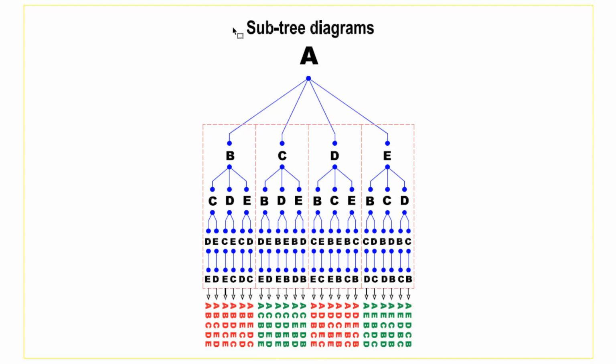We draw the subtrees of A, for example, and we can see here that if we draw A first and C second and D third and B fourth and E fifth, we generated the ordered word A, C, D, B, E. The same thing applies for the other subtrees, the subtrees of B and C and D. And we do not forget the subtree of letter E also.